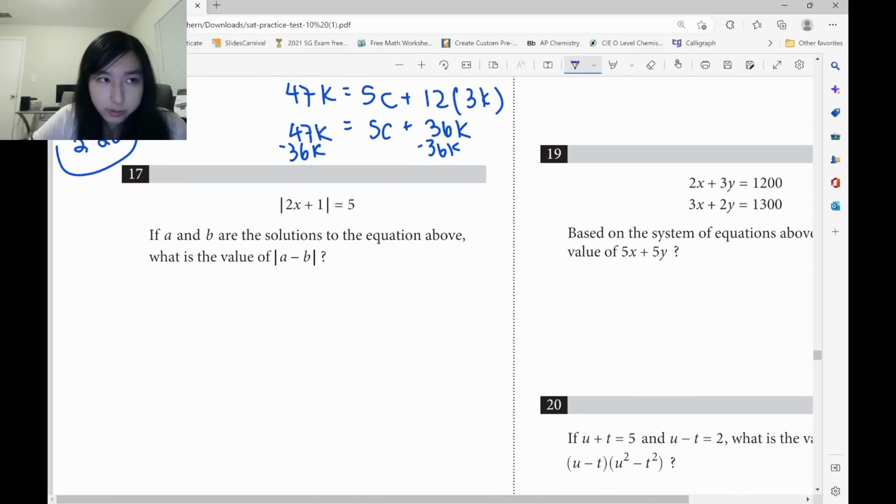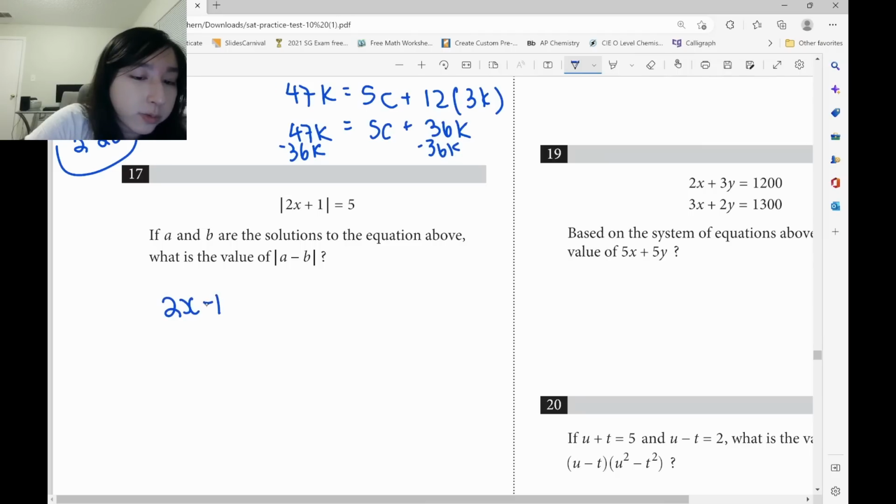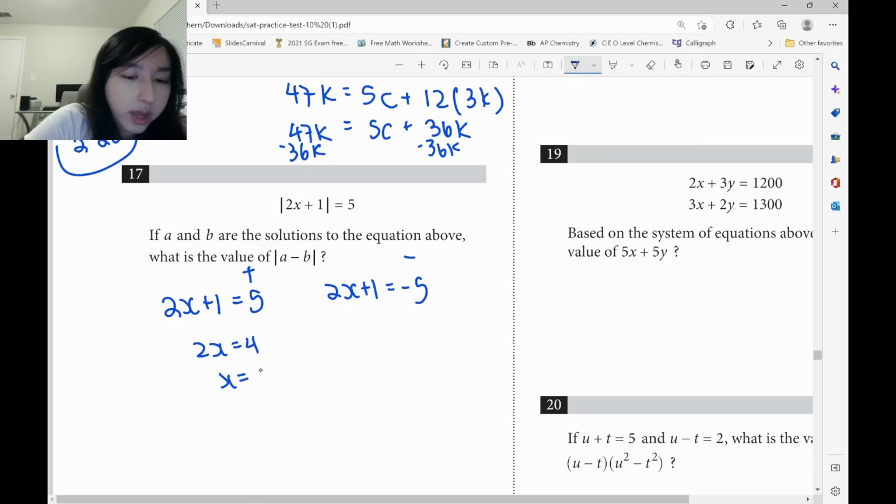Let's look at this one. With absolute value equations, you always form two equations. So like 2x plus 1 equals positive 5, and the negative version, 2x plus 1 equals negative 5. So see, positive and negative, and then solve for both. In this case, 2x plus 1 equals 5, 2x equals 4, x equals 2. And this other one, 2x equals negative 6, x equals negative 3.